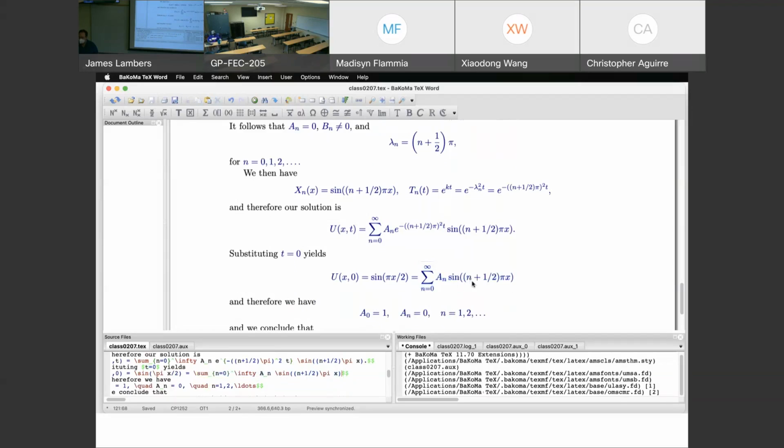If I set n equals 0, 1, 2, etc., I'll have sine pi x over 2, sine 3 pi x over 2, sine 5 pi x over 2. So sine of any odd integer over 2 times x. And when your initial data is already a linear combination of those functions, then you can read your coefficients off of this. When I set n equals 0, I have sine pi x over 2. So that tells me that a sub 0 is equal to 1, and that all other a's must be 0. And that will satisfy this equation.